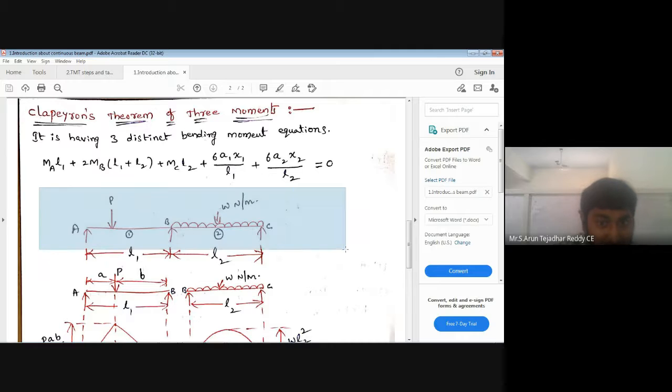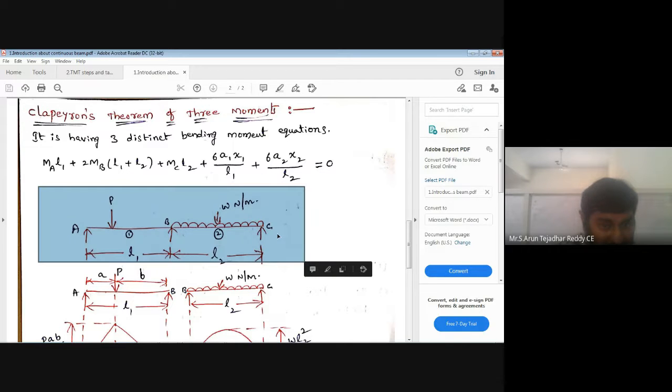This is one of the examples, A B C. This type of diagram has only three supports. So in the end we'll get three bending moment equations.